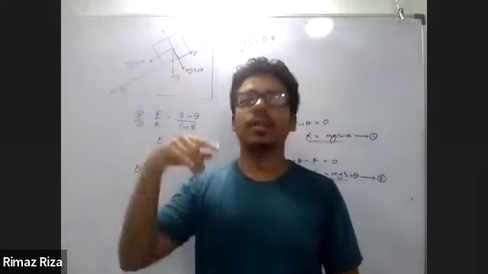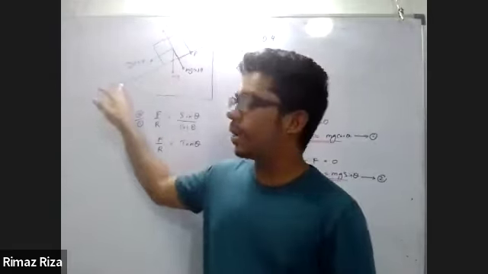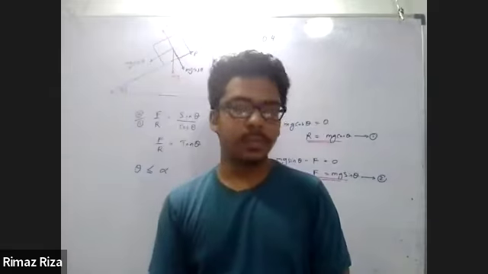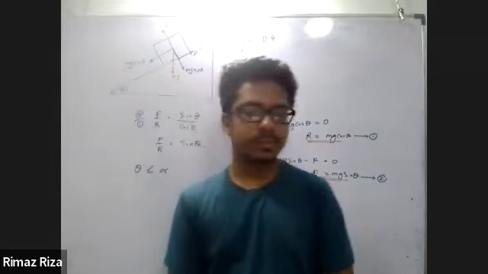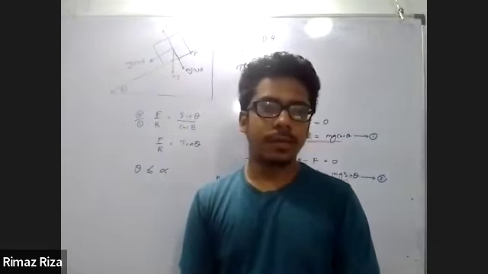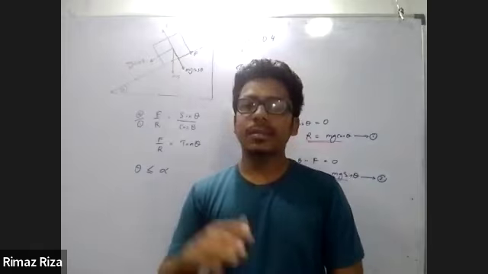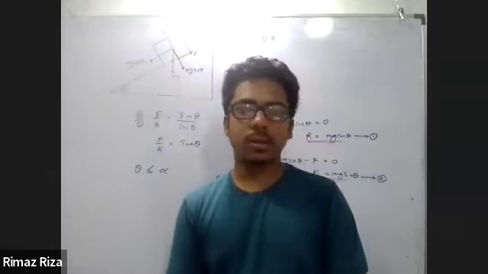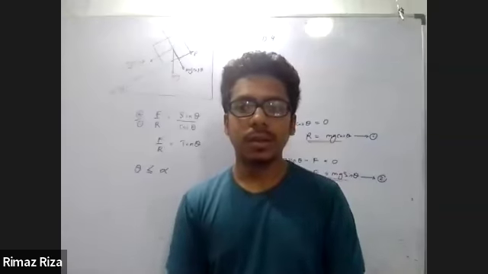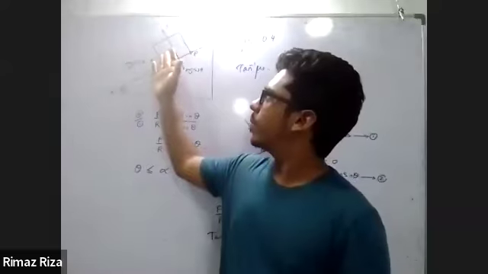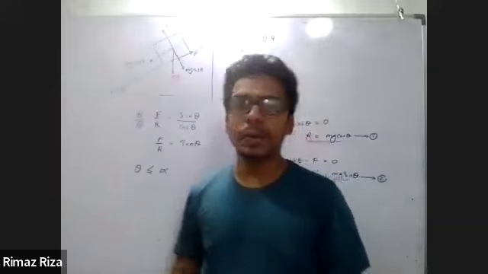Okay. And then the next point, write down: if the angle of inclination exceeds more than alpha, then the object will accelerate downwards.